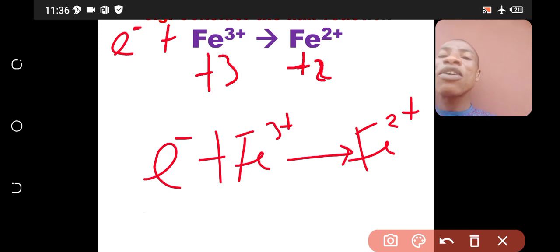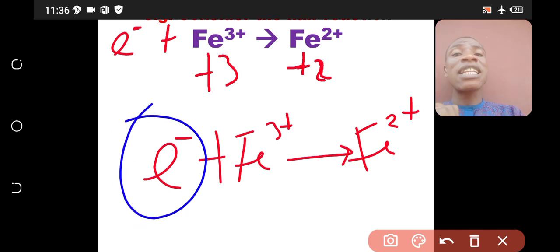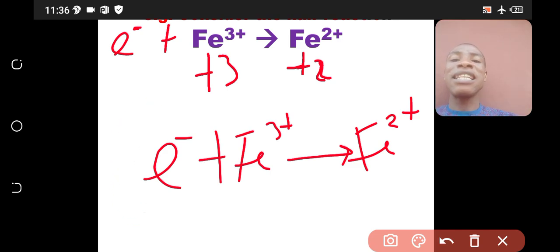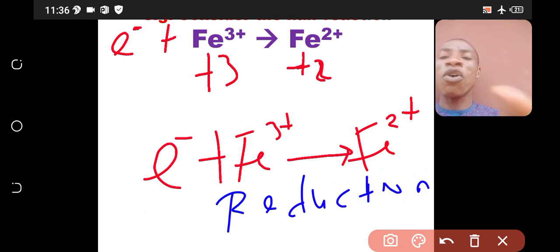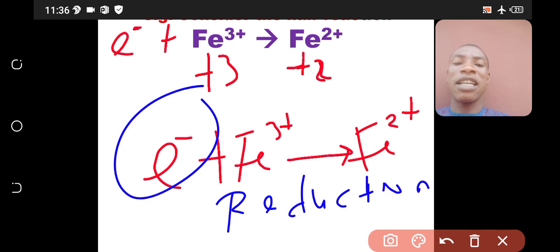Whenever, after balancing a half equation, your electron ends up in the reactant side, that's a gain of electron, a reduction half equation. So this is reduction because your electron ends up at the reactant side.